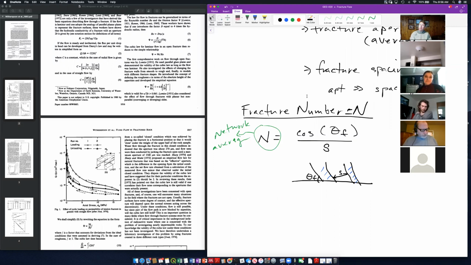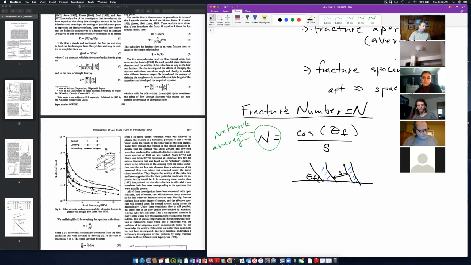But we do know that if you drill deep enough, eventually you're going to intersect a big fracture. So we should be able to know how deep on average the well is going to have to be before we intersect a big fracture, given these network average numbers, but we don't know exactly how deep it's going to be.